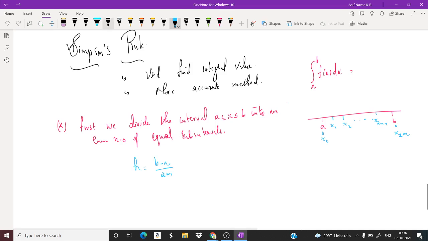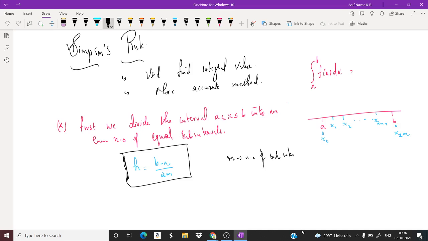So note this important formula. In Simpson's rule, h is b minus a by 2m, where 2m is the number of subintervals. Now the Simpson's rule, I am not deriving this.